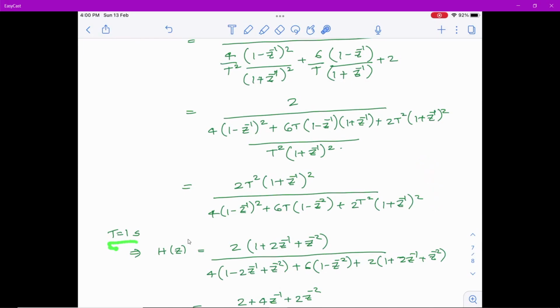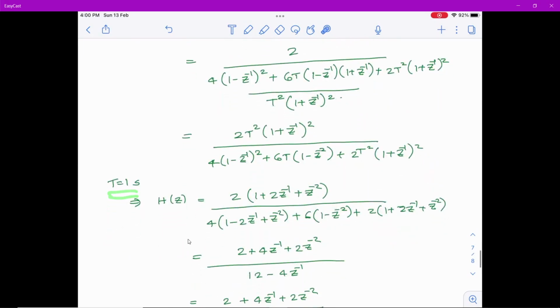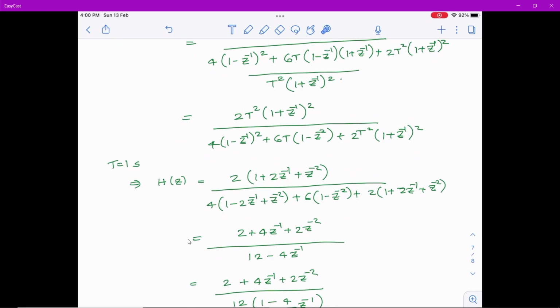Now you substitute T equal to 1. So wherever you see T, you substitute it as 1. That's our question. So 2 into (1 plus 2 z raised to minus 1 plus z raised to minus 2), and you will have the denominator. Now you can still simplify this. All the terms of z raised to minus 2 will get cancelled out, because there is 4 z raised to minus 2, minus 6 z raised to minus 2, plus 2 z raised to minus 2, which is 0.